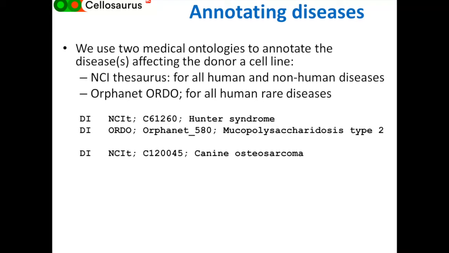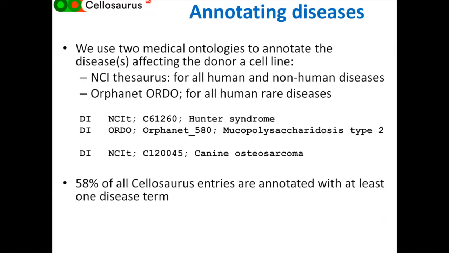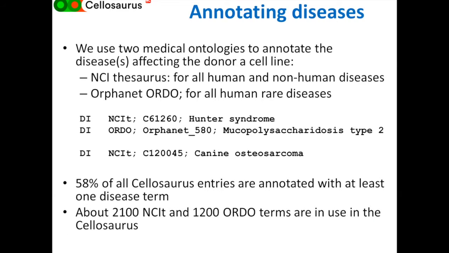For all human rare diseases, we mapped to ORPHANET Ordo and give the ORPHANET identifier for the rare disease. Currently 58% of all Cellosaurus entries are annotated with at least one disease term, which means about 2,100 NCI Thesaurus terms and about 1,200 Ordo terms.